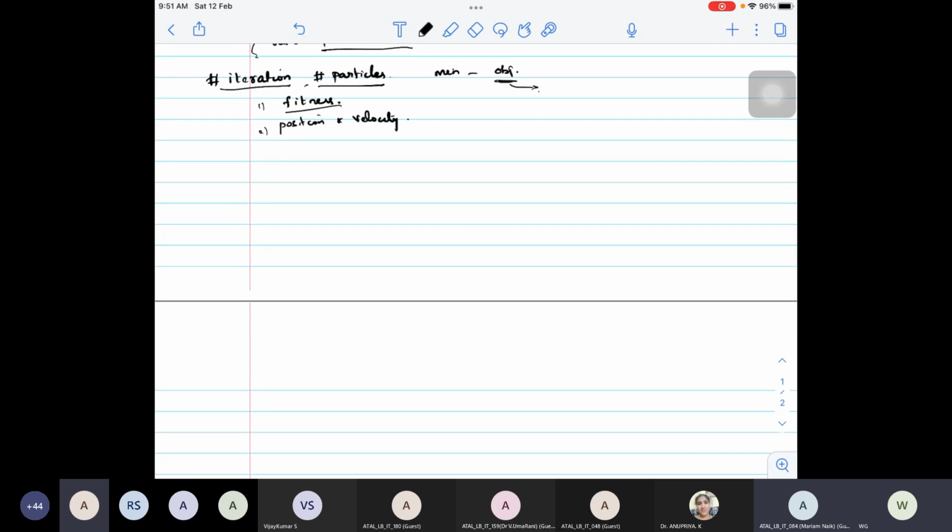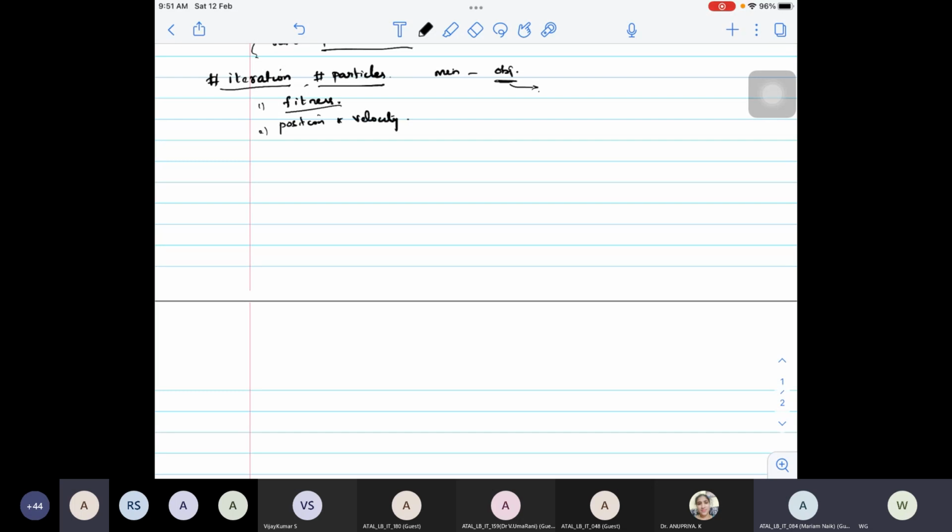Now we see that there are three things. One is the inertia weight, and then you have two constants, social and cognitive constants.